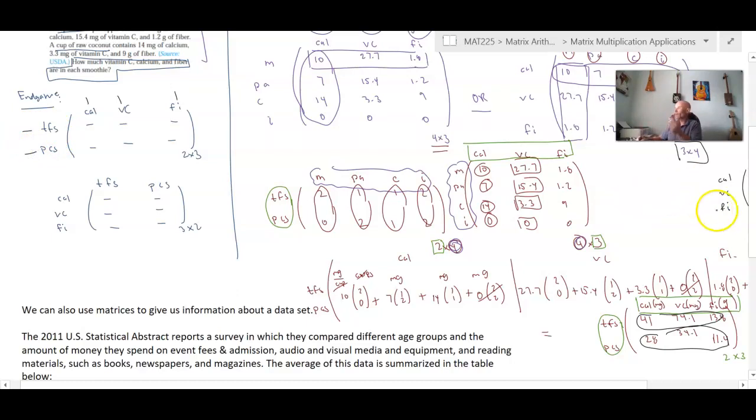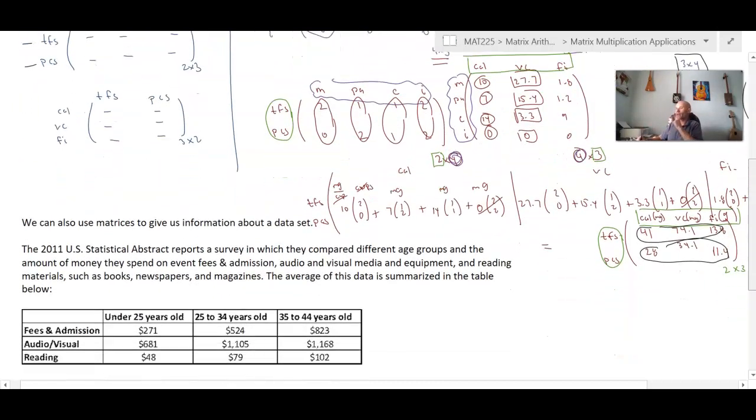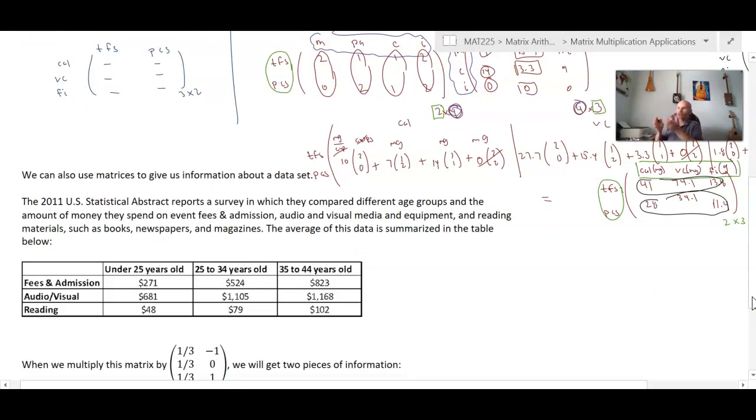Now this is not the only application of matrix multiplication. We can actually use it to make sense of data. So the 2011 U.S. Statistical Abstract reports a survey in which they compared different age groups, under 25, 25 to 34, 35 to 44, and the amount of money they spend on event fees and admission, audio and visual media and equipment, and reading materials such as books, newspapers, and magazines.